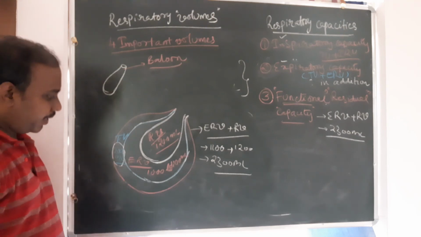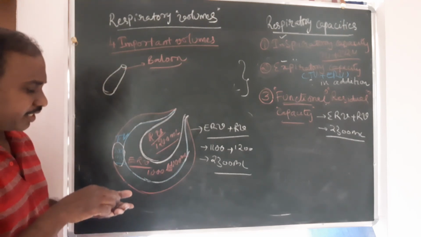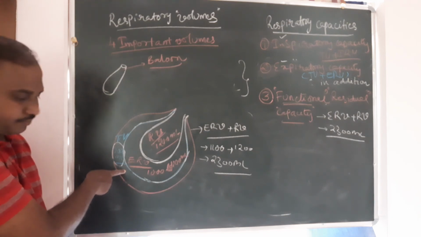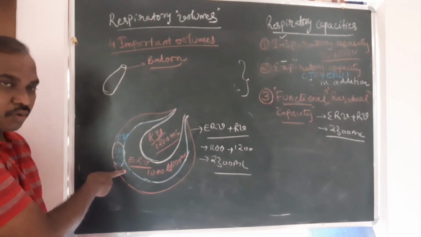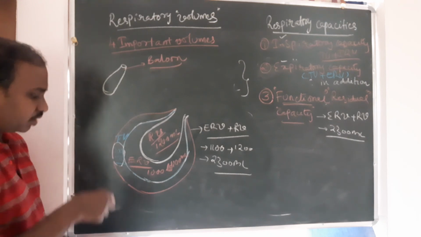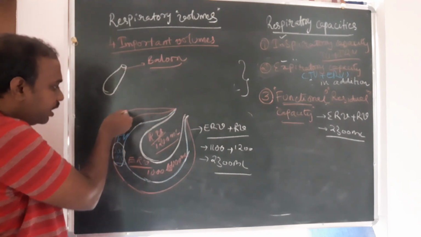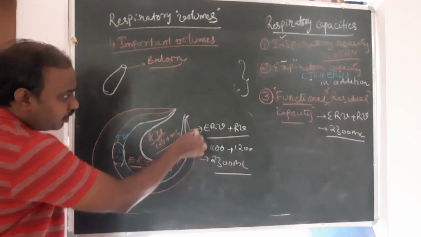Right, and what is the inspiratory reserve volume? Inspiratory reserve volume means you are taking in air in addition to the tidal volume. That means I am further inflating this balloon.